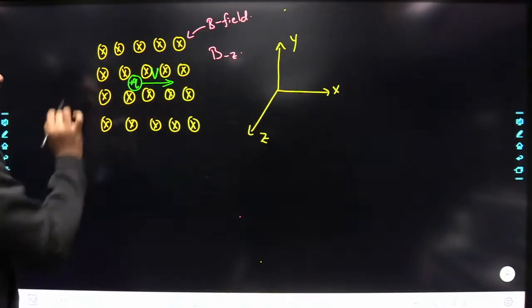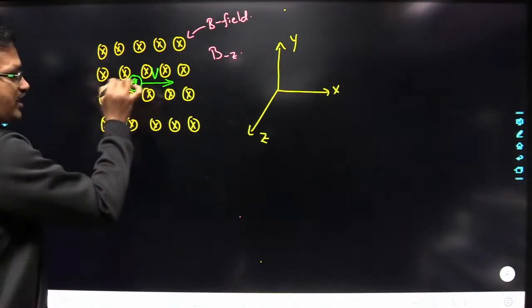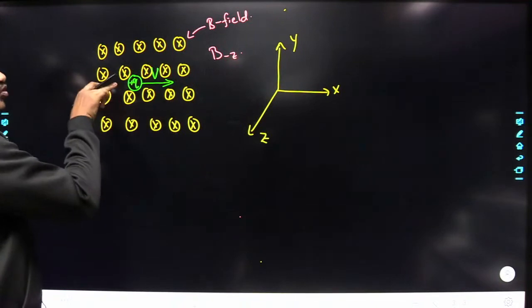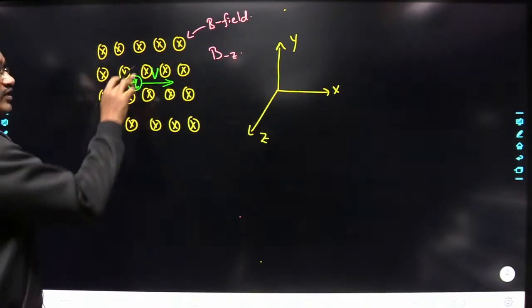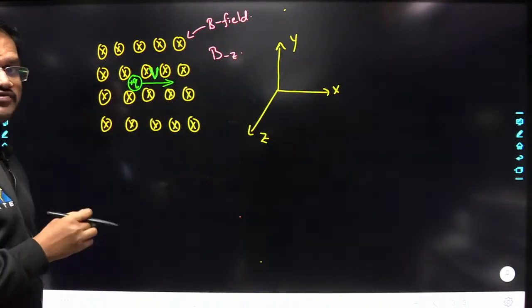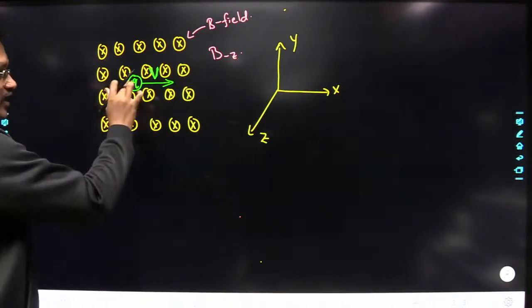Now tell me in which direction it is going to experience the force at this point. Plus Q is moving in magnetic field B with velocity V in this direction.